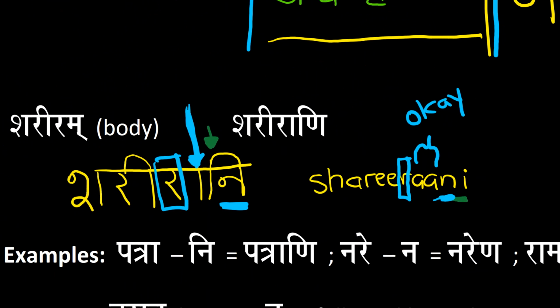So what is coming after this na is a vowel sign. Our vowel is the I, and that makes it completely okay.